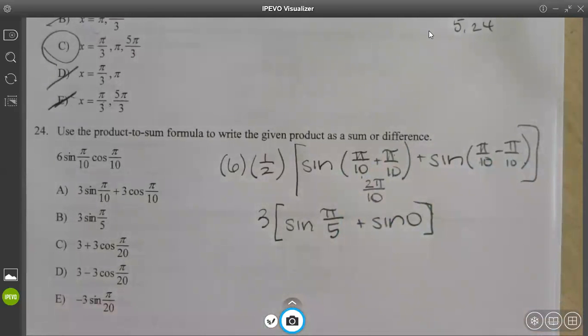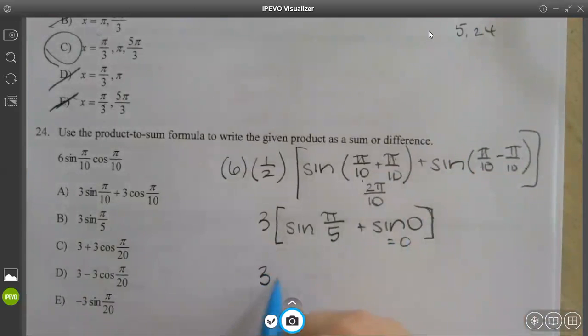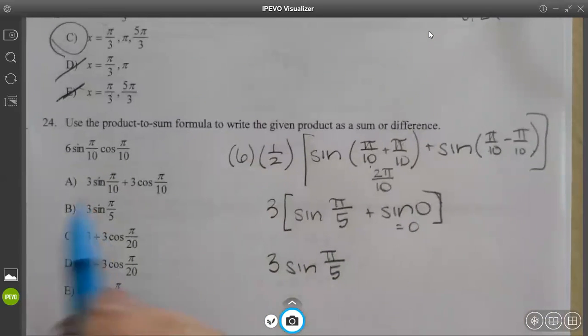What is sine of 0? Think about your 0, 2 pi, your degrees, whatever. Go to your y coordinate. What's your y coordinate at 0 degrees? Is everybody good? So this equals 0. So I have 3 sine pi over 5. And my answer is B.